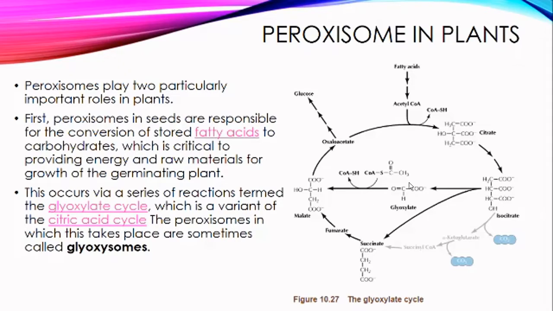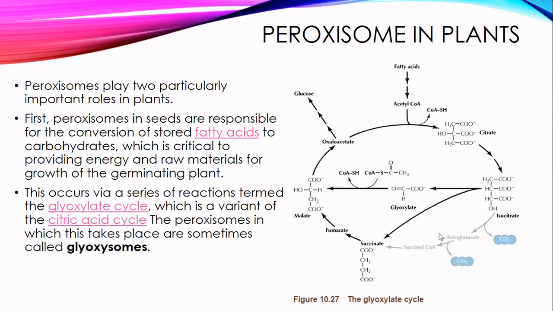So this is the glyoxylate cycle which resemble the TCA. So ano lang ang meron sa glyoxylate cycle? Say glyoxylate cycle don't have isocitrate and ketoglutarate. So the citrate will be transformed directly to succinate or glyoxylate.